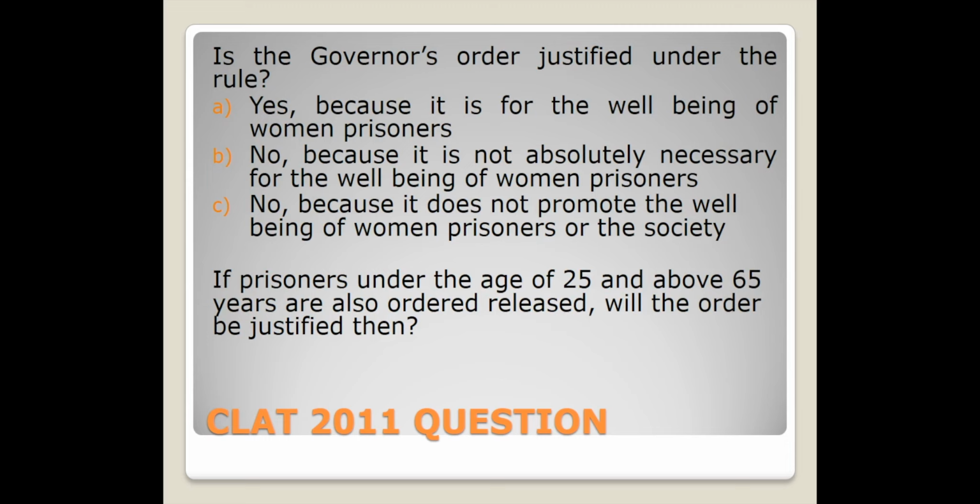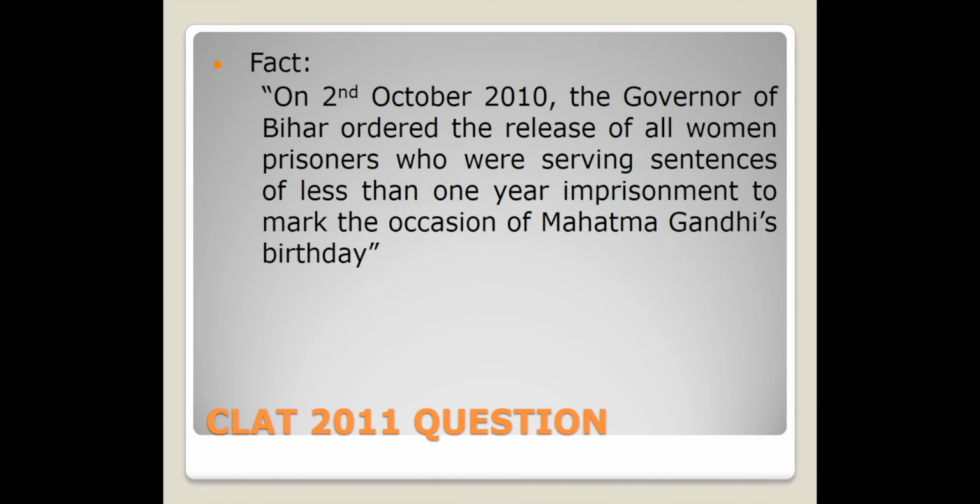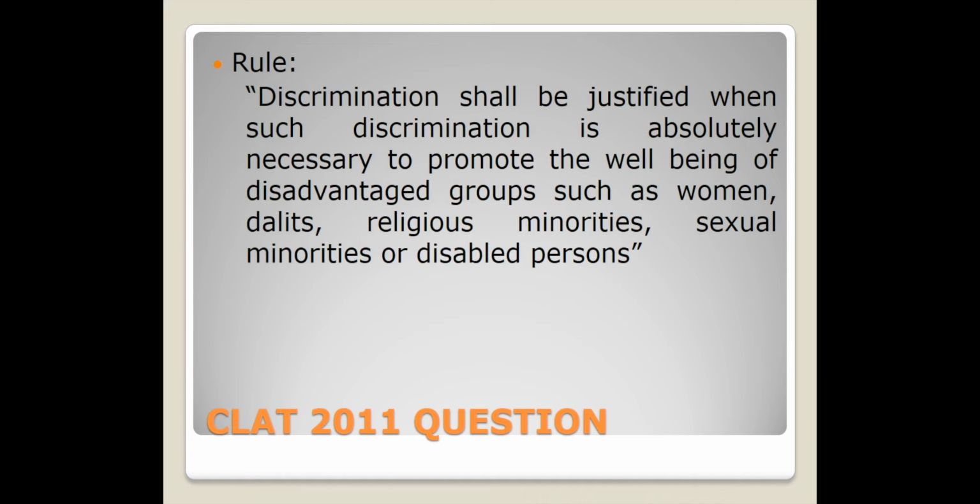Now, if in case prisoners under the age of 25 and above the age of 65 were also ordered to be released, will the order be justified then? Under this rule, that order will not be justified, because this rule very specifically mentions the disadvantaged groups for which the state is allowed to discriminate in favor of.